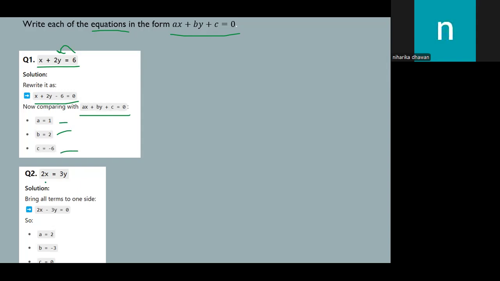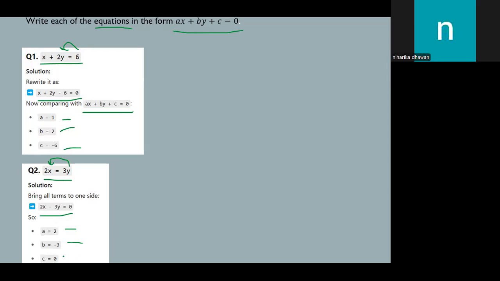Next equation is 2x equal to 3y. Now what we have done? We have shifted this 3y to the left hand side. So what we have got? 2x minus 3y equal to 0. Here a equal to 2, b equal to minus 3. Now we don't have any c here, so we can say c equal to 0.